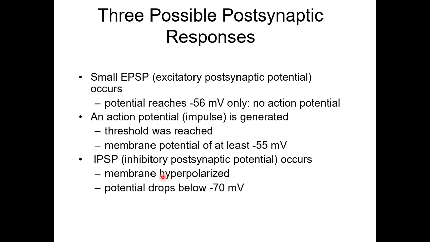And the third possibility is that when the millivoltage drops below minus 70, typically to the minus 90 area, then this postsynaptic neuron is hyperpolarized, and the overall input caused this postsynaptic neuron to remain quiet, not to fire an action potential or nerve impulse.